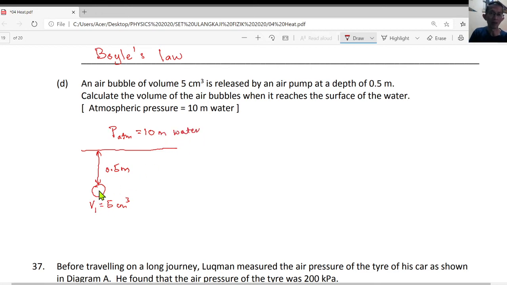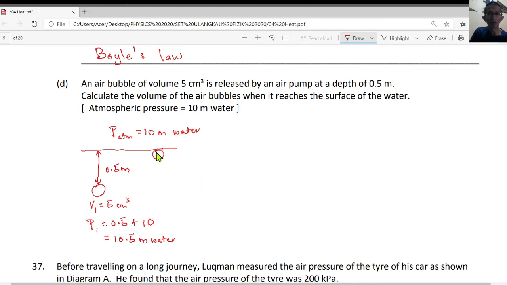So what is pressing these air bubbles? What is pressing the air bubble is the water above it, that will be 0.5 meter of water. If we go further up, we have the atmospheric pressure, that is 10 meter. So the pressure acting on the air bubble is 10.5 meter of water.